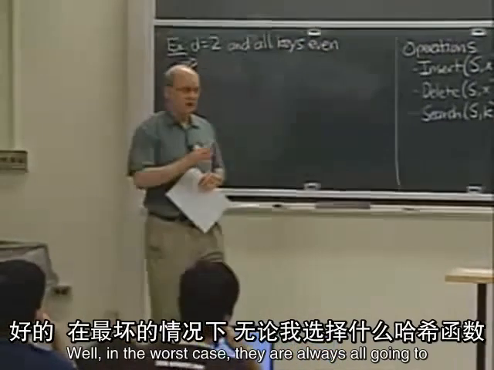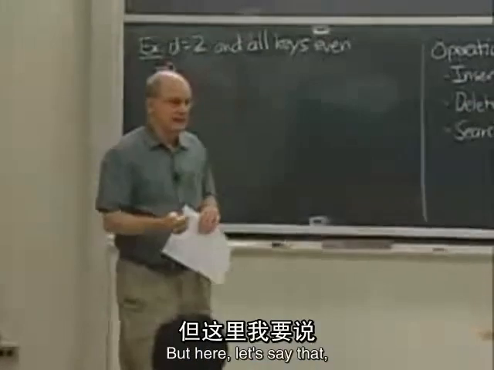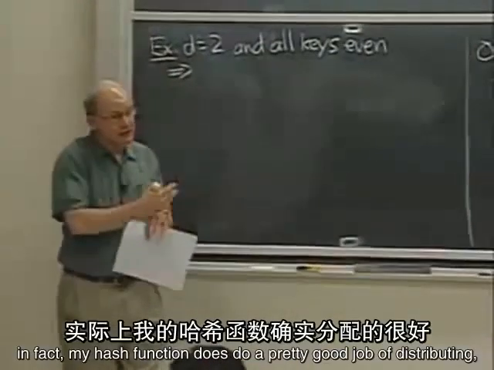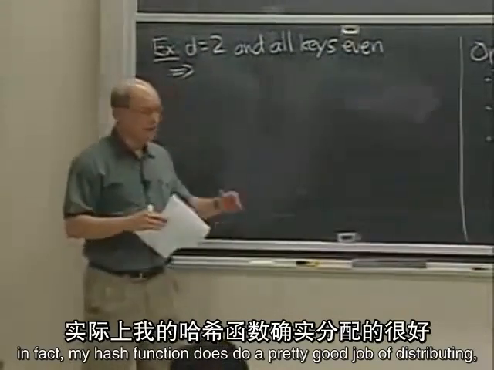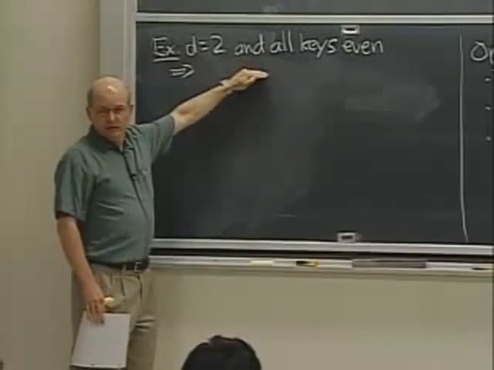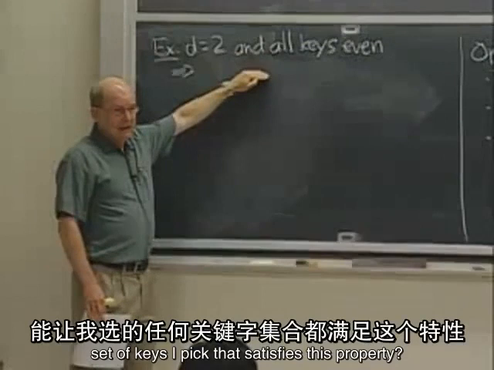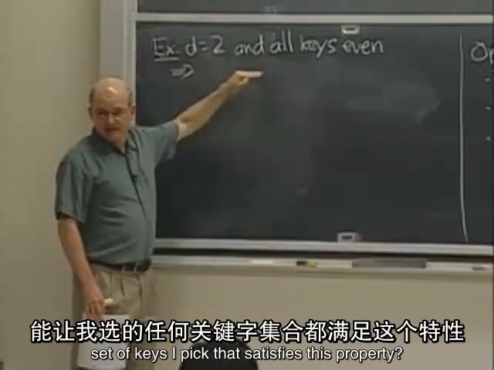Well, in the worst case, they're always all going to point to the same slot no matter what hash function I pick. But here, let's say that in fact my hash function does do a pretty good job of distributing, but I have this property.